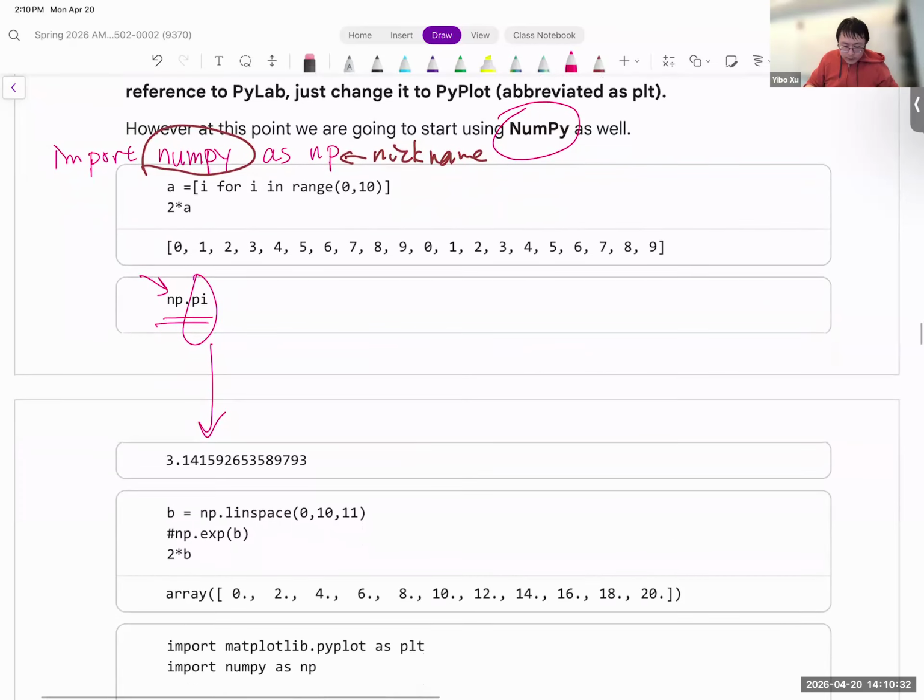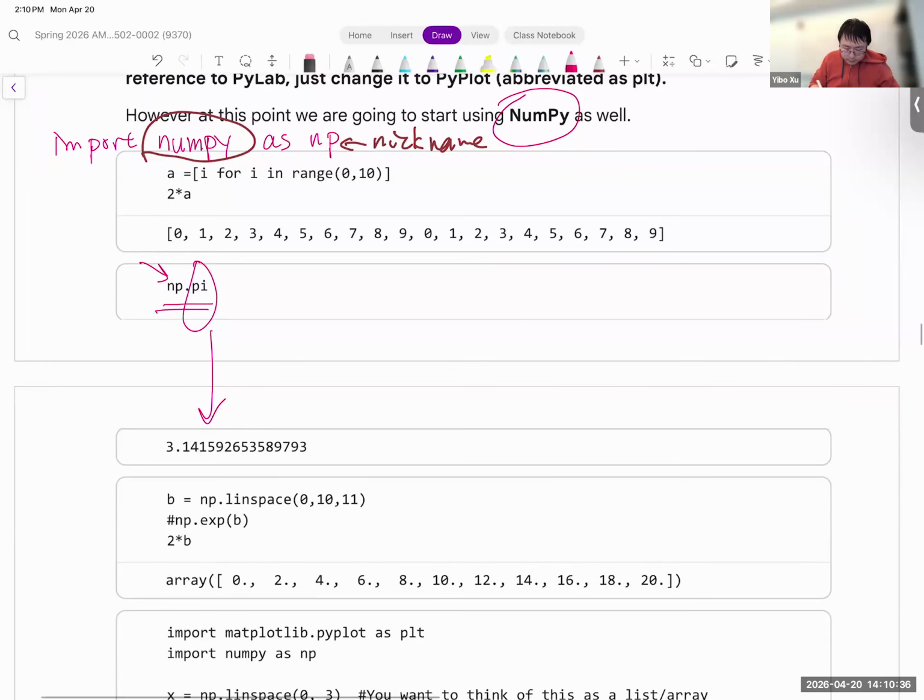Here we also want to specify what's called a linspace. Basically, this is slicing the interval from 0 to 10 into 11 data points, including the endpoints.